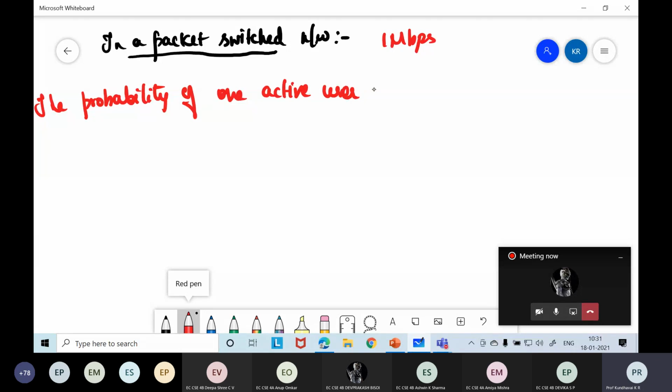Each user is active for 10% of the time, so the probability of one user being active, which I will call P, is 0.1.